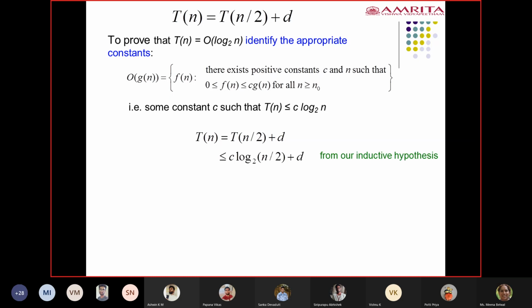So from our inductive hypothesis, I can write that Tn is equal to Tn by 2 plus D, which was given to me originally.